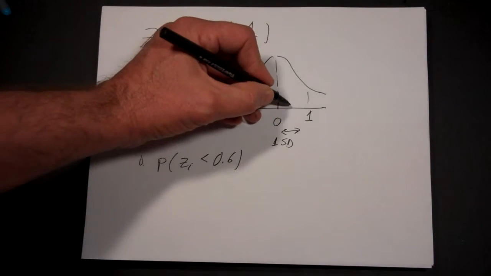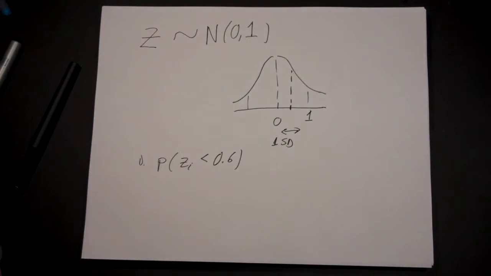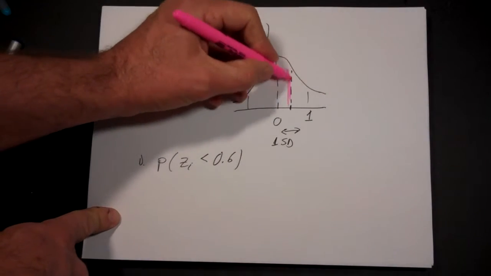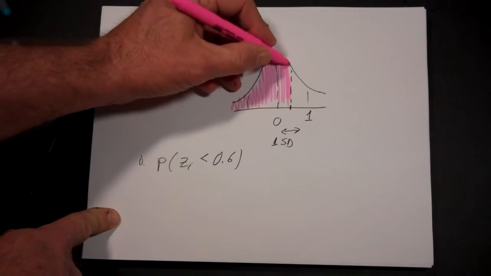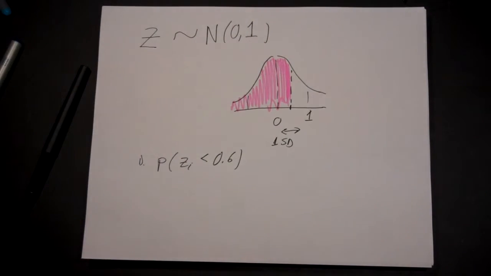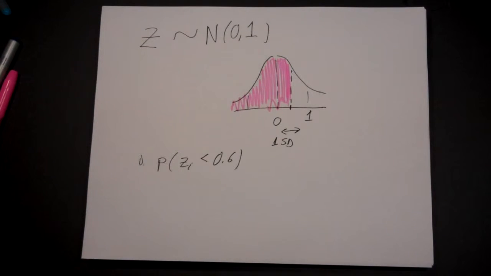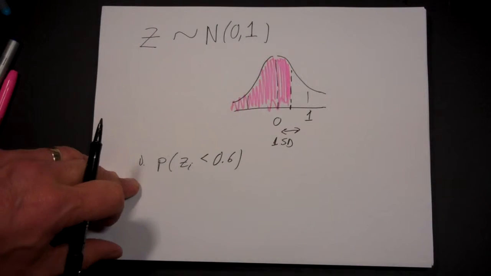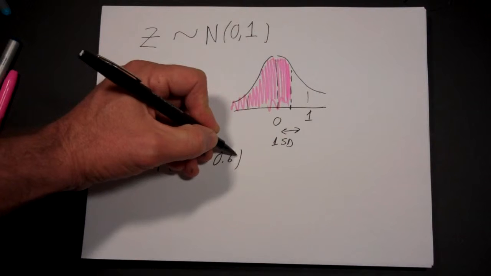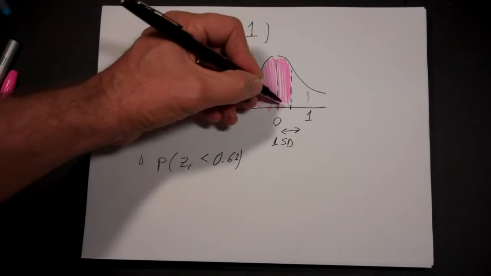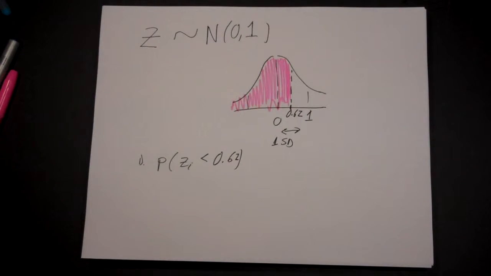What that means is take the value 0.6, which is roughly there, and find out what's the probability that you pick a point at random and the value is less than that amount. That's kind of the meaning there. And just to make it a little more interesting, let's say 0.62. That gives us a little more insight about how to read the standard normal table.